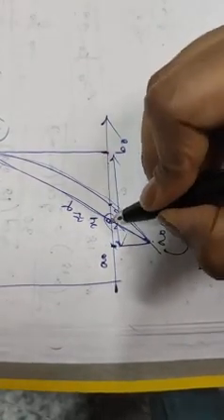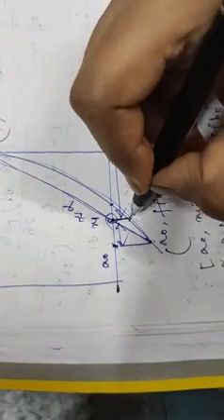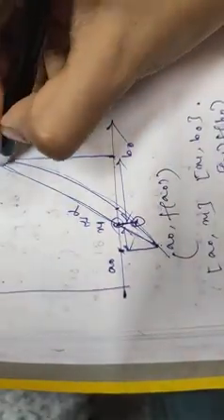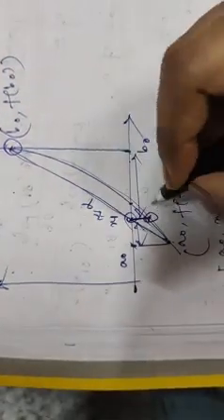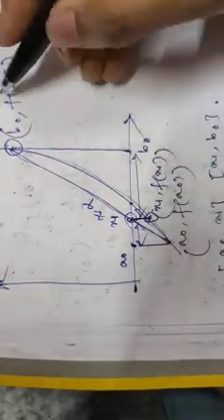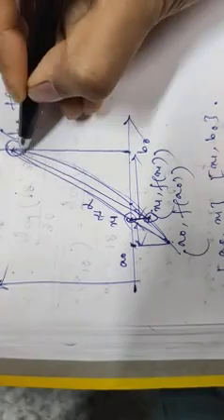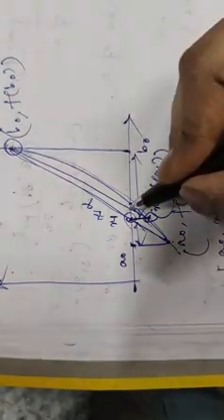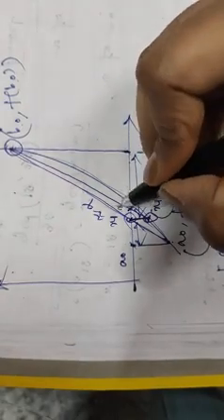Then what will we do? We join the new points again: the chord between x1, f of x1 and b0, f of b0. The chord cuts the x-axis at a point, naming it x2.